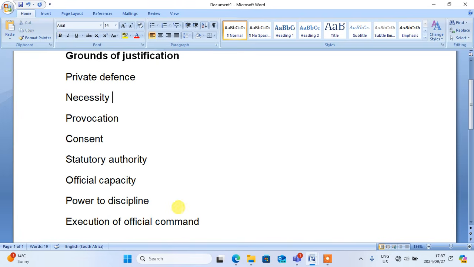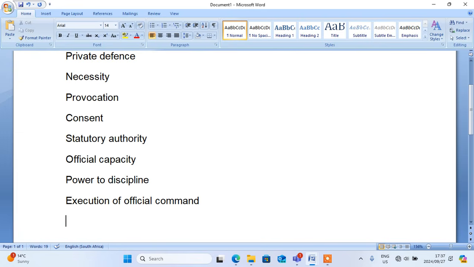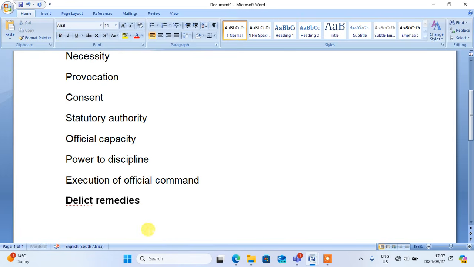Grounds for justification are very different from remedies. Let's just say delict. Many people, when they get into the examination, confuse this thing. We have this one and this one.